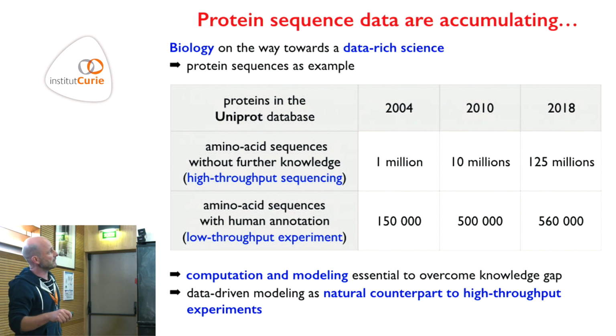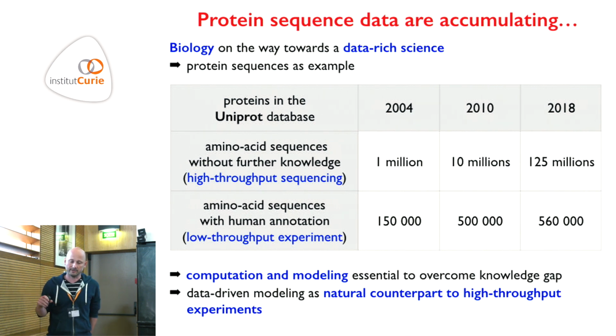And you see this number is much smaller, and it has been almost constant over the last almost 10 years. That does not mean that the knowledge about these proteins is constant. The annotations are updated all the time, but it's basically the same proteins, because they come from model organisms which are studied a lot.